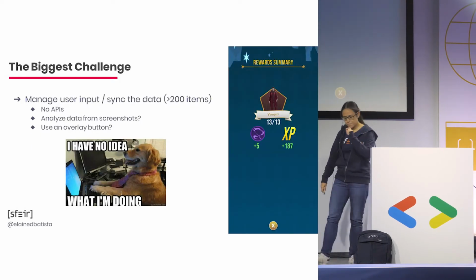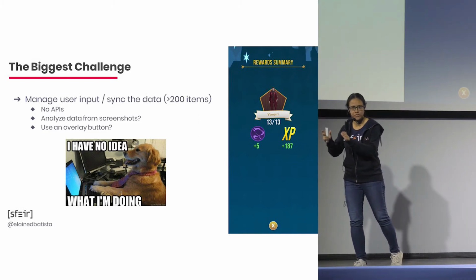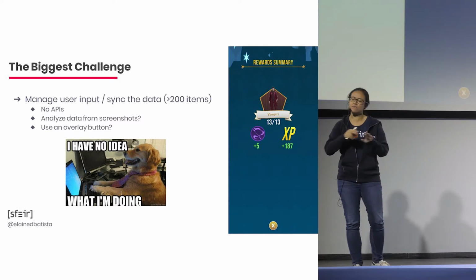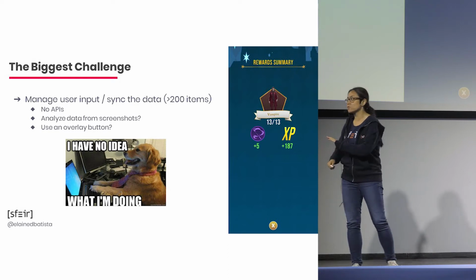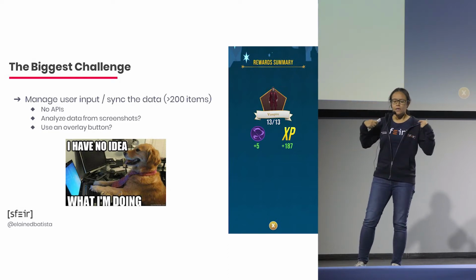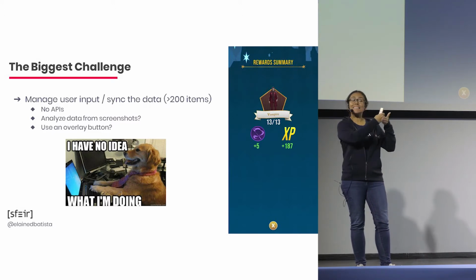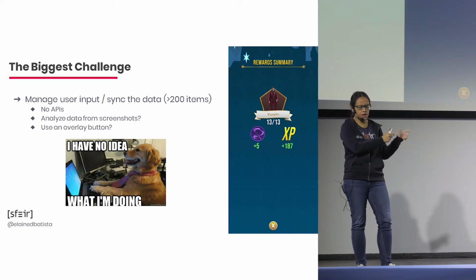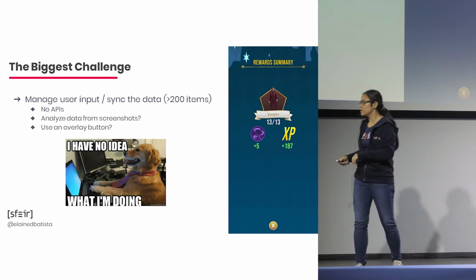And the biggest challenge for me was to sync the data between the game and my companion app, because there are no APIs, there's never going to be a public API, as we have seen with Ingress, with Pokemon, so no public APIs. There are several tools that exist for Pokemon Go that analyze the screenshot to calculate statistics about the Pokemon, but you have to take the screenshot and then analyze it in some way and enter the data in the app.